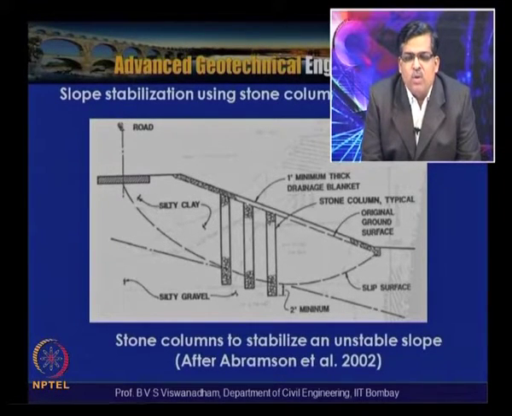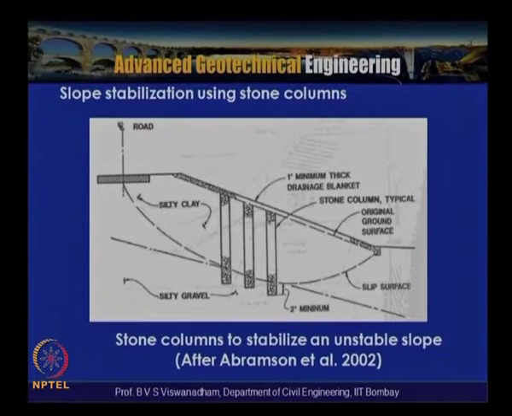The pore water pressures which can build up during the construction of a slope or in the field can be dissipated, and thereafter there can be an increase in the factor of safety also.